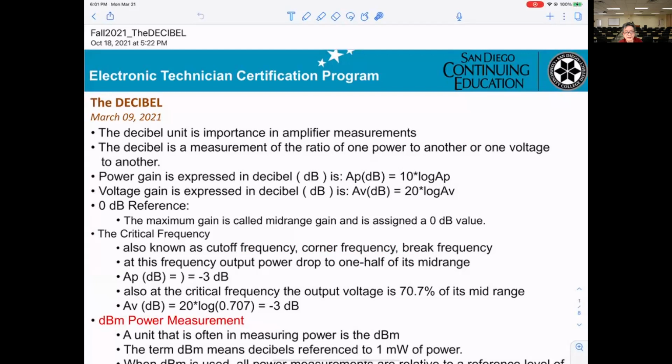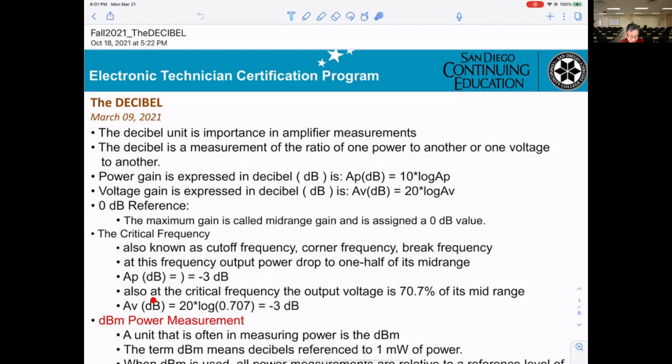That means there are many different ways of talking about the critical frequency. What is the critical frequency? At this frequency, the output power drops to 1/2 of mid-range, for the power. So A_P in decibel will be equal to minus 3 dB.